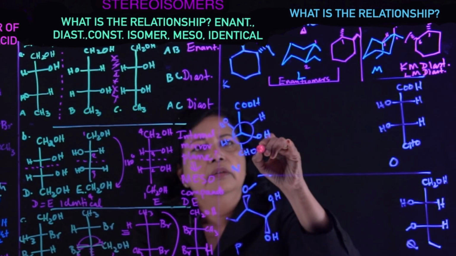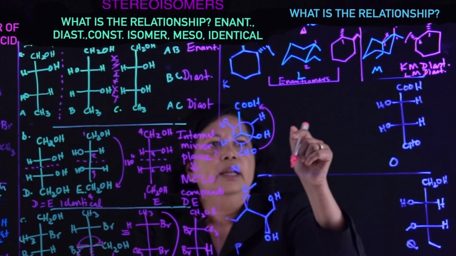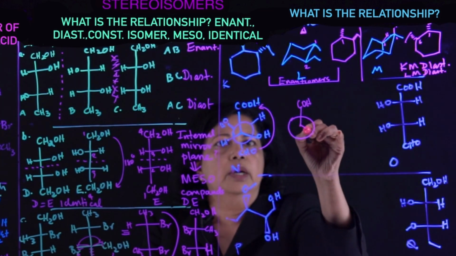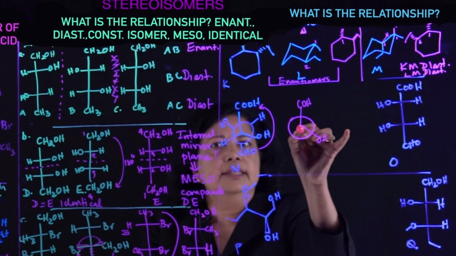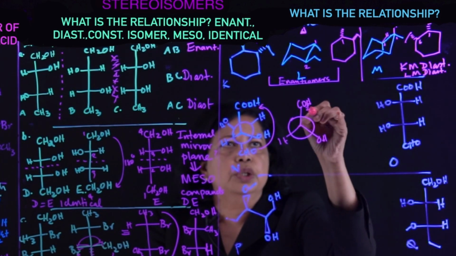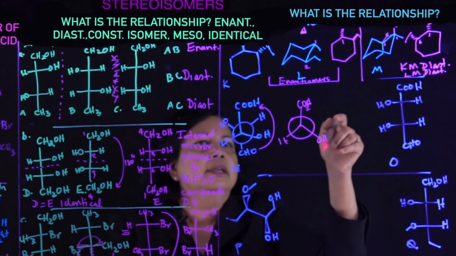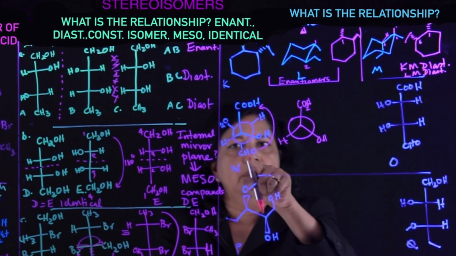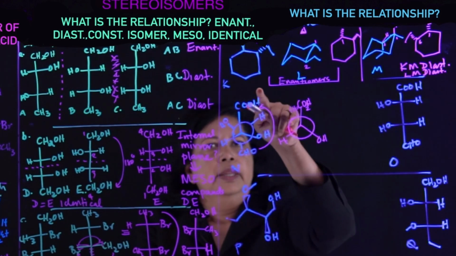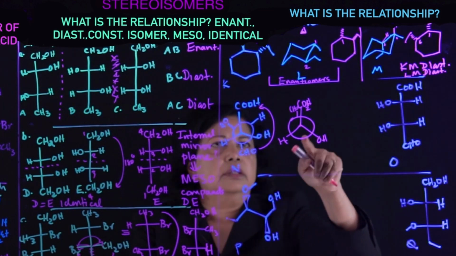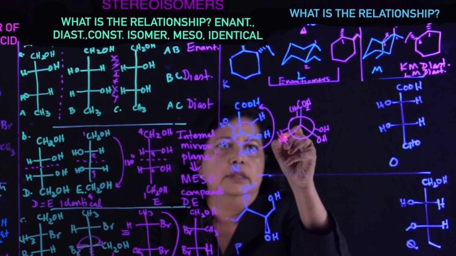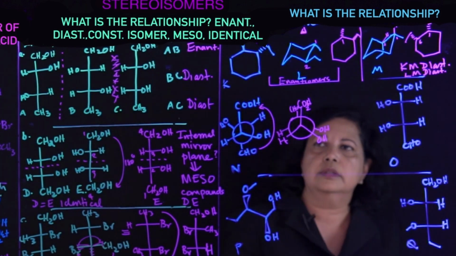So over here, we can go 180, which means all the groups are going to rotate 180. We can keep the one in the front just like it is and just rotate the back. CO2H is the same as COOH. It's the same as drawing it out. So here you have your CHO going up, and then you're going to have your hydroxyl come to the same side, and the hydrogen come to the same side as this hydrogen.